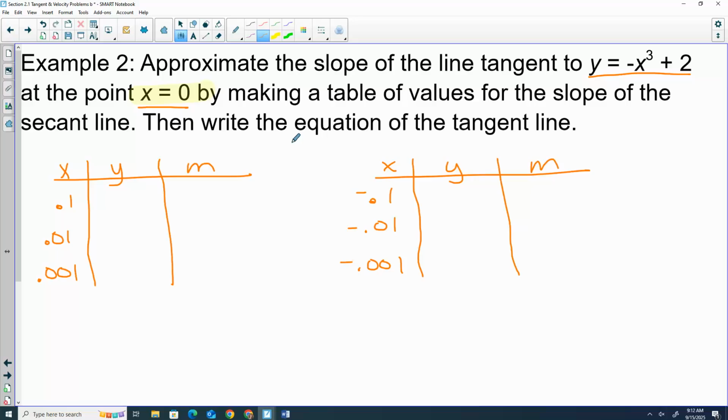So here's what we're going to do. We have to know the point we're finding our slope between. Okay, the x is 0. Can you find what y is when x is 0? What would you do? Plug it in right here. So y would be 0 plus 2, 2. Alright, so now I'm going to plug this in. So we can use our calculator. So if I have negative 0.1 to the third plus 2, I get 1.999.